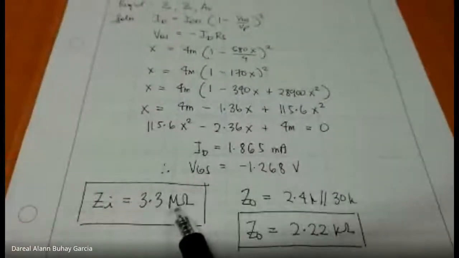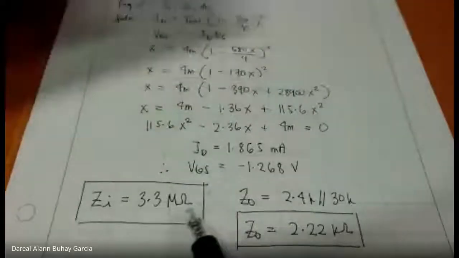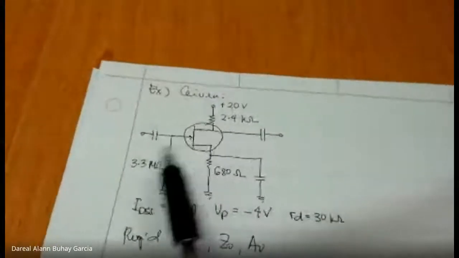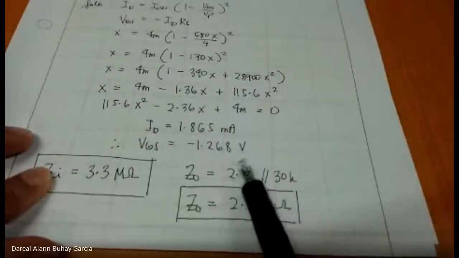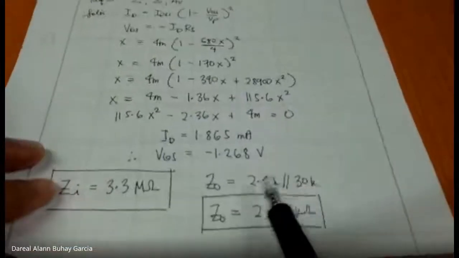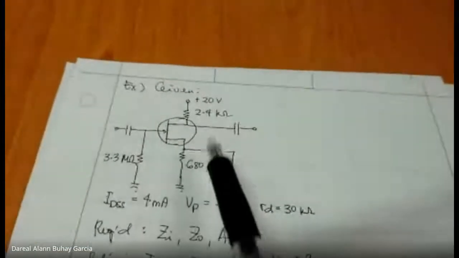So ZI is just equal to RG, 3.3 megaohms. ZO is big RD parallel small rd, with big RD 2.4K and small rd 30K.